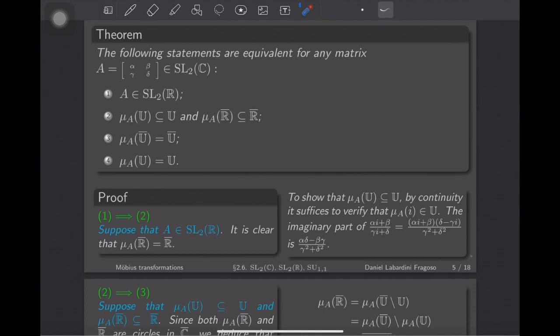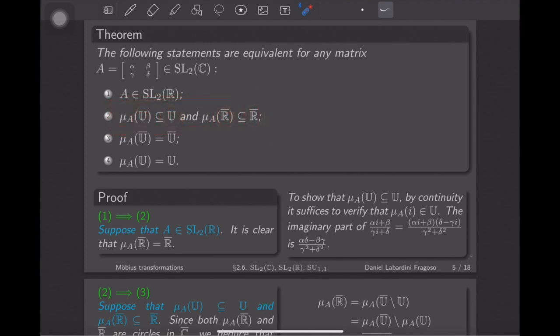So for A in SL2R, we want to show that it sends the upper half plane into the upper half plane, and R bar, which is R union infinity, into itself.